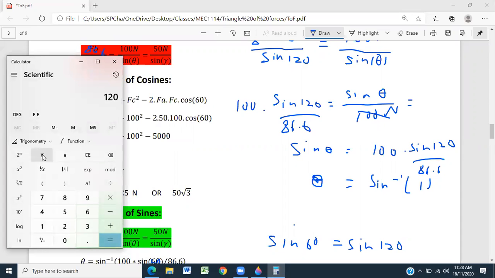Trig, sine of 120, 86.6, times that by 100, right? Then when we divide that by 86.6, you get something pretty close to 1, right? Good. So then we take the sine inverse of 1, and it should give you 90.